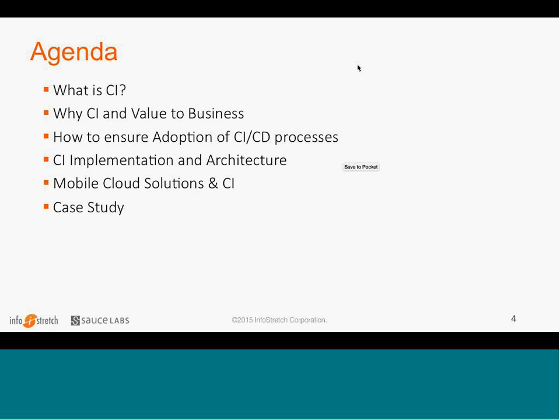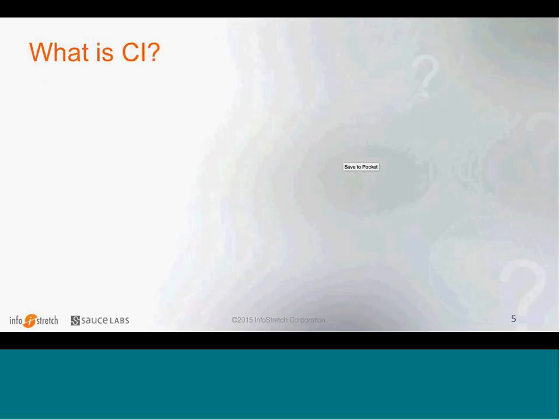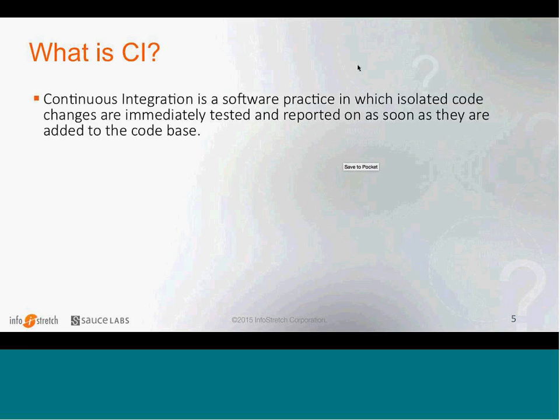So let's start by understanding what CI is, and let's define CI. CI is basically a software practice in which different code changes from multiple teams, which may be geographically dispersed, are tested immediately as soon as they are checked in, in an automated way, and the reporting of that testing is captured in a centralized server. I'll give you an example.